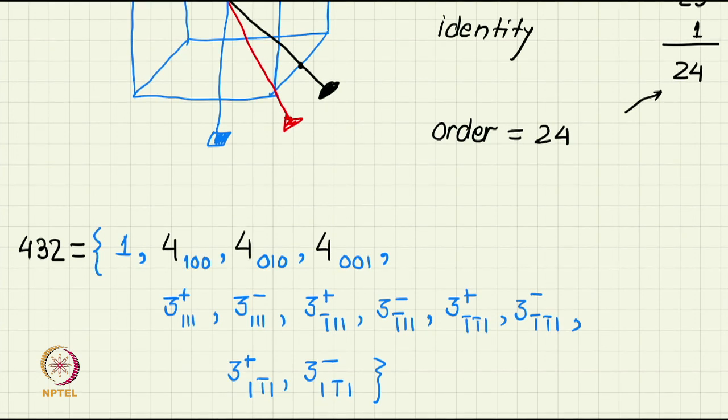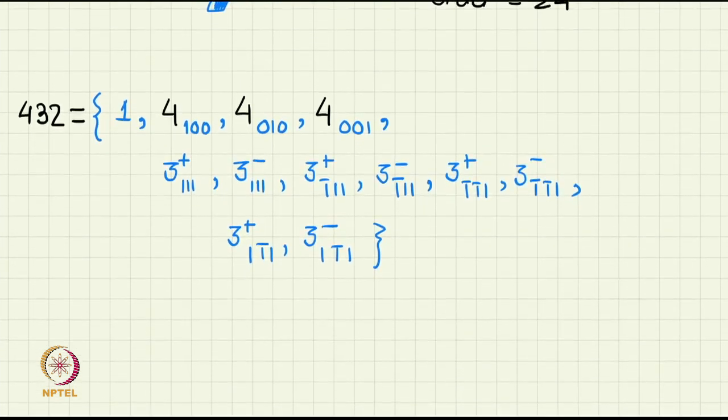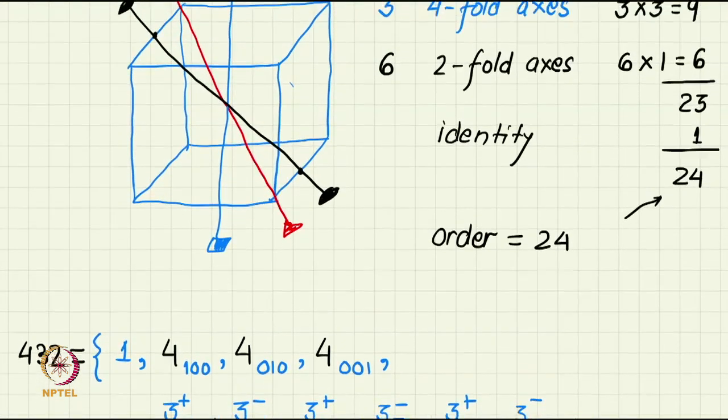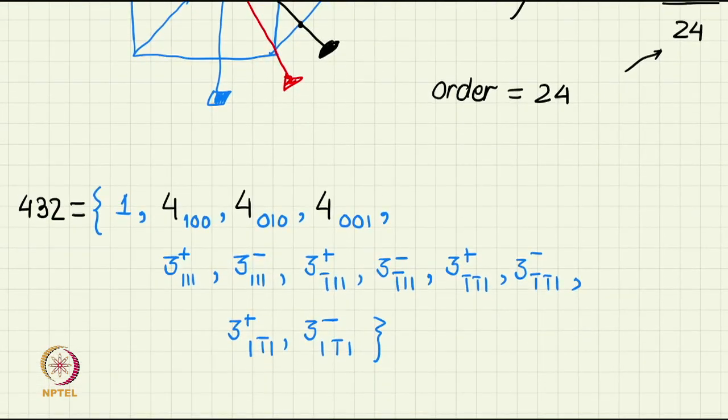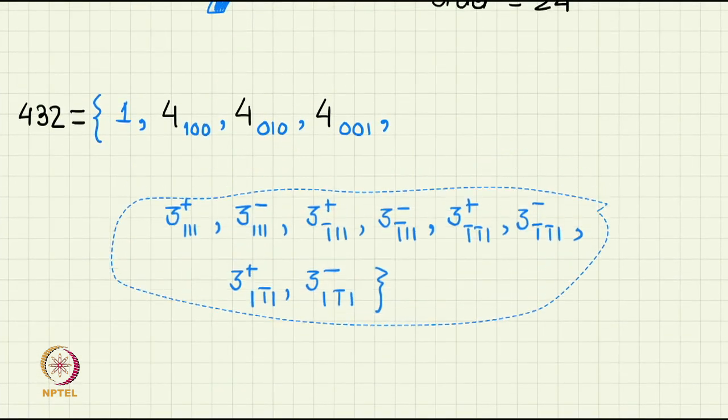So, I have already written 12 operations of this. 12 more operations will come, because the 4-fold is now not only one operation about these axes, you will have 3 operations. So, if you want to complete that, let me complete that by creating a space here.